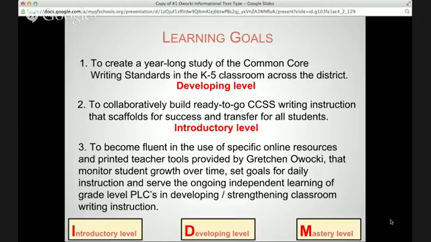One of the pieces during our Google Hangout collaboration that came up in the school that I was at, we talked a little bit about the intermediate grades and how what they're producing isn't the quality of what we would want for, say, a 4th grader. And at this point, as we are continuing to learn about the Common Core standards, we just need to accept that these intermediate students might not be producing writing that is at the grade level standard expectation because we haven't built up to that, and that's okay.